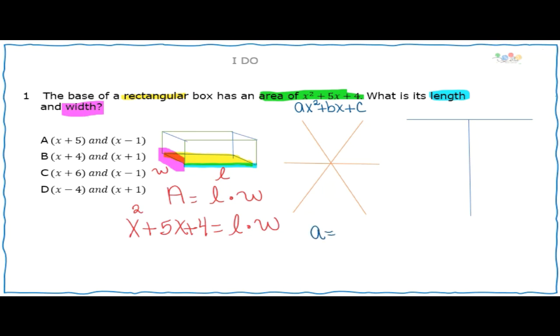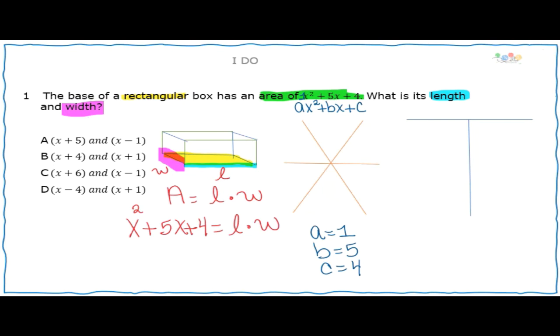Let's identify a. There's no number for the coefficient of a. So what do I write? I write 1. So a is 1, b is 5, and c is 4.